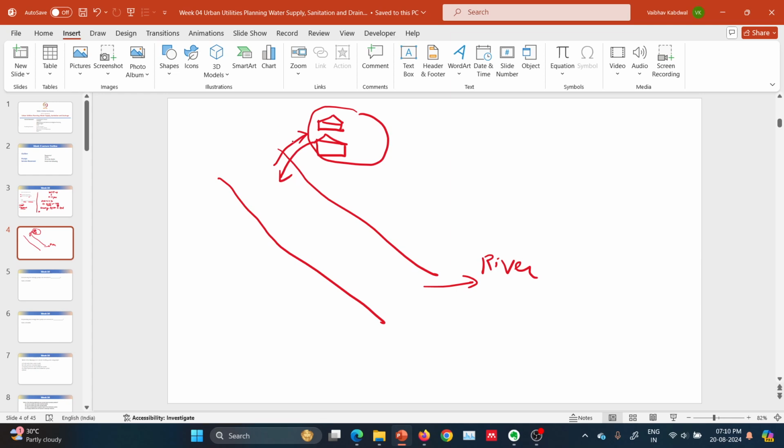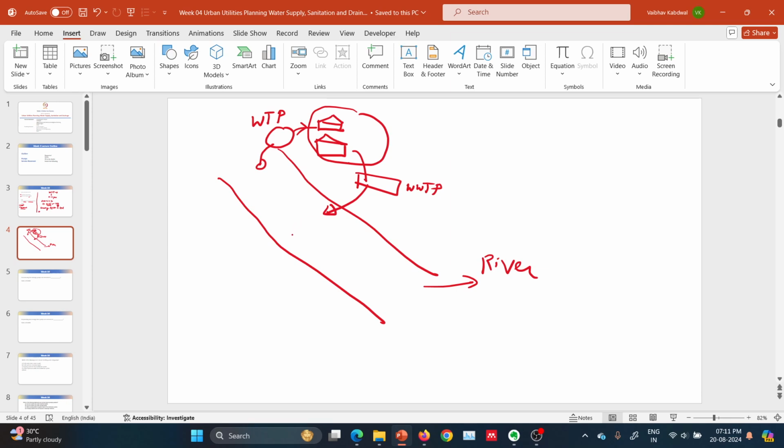For using it, they will not directly use it. They will make an intake structure, they will make a water treatment plant, and then they will take the water. In the same way, they will produce wastewater, make a wastewater treatment plant, and then discharge it. So this is the criteria which we are following.